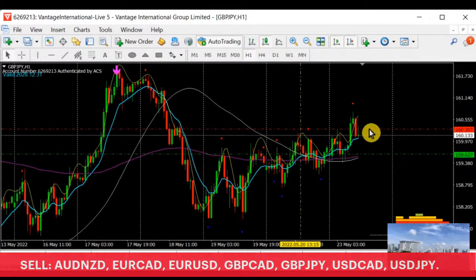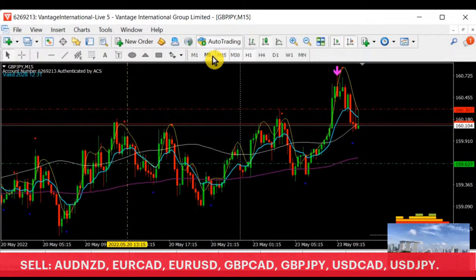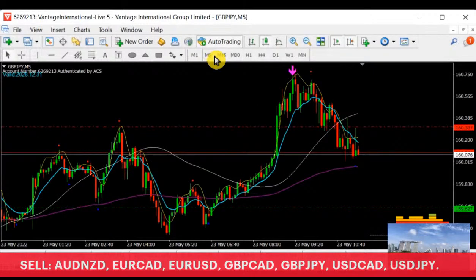If on this 1 hour we are still above the aqua line, because this is retracement trading, make sure we are still on the aqua line here. We are now trying to break into the selling resistance here. Yes, coming soon. Selling signal coming again.